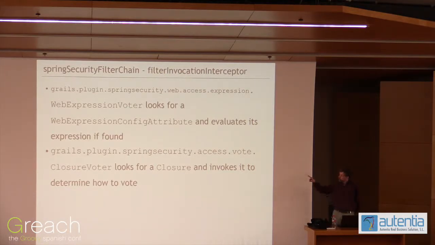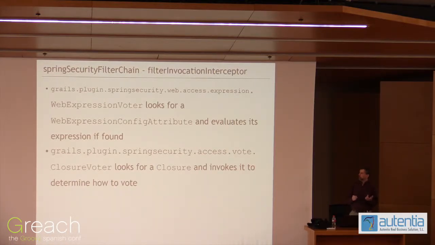And in addition, there's a new closure voter, from a request for a feature where you've got the @Secured, and that's where you put your role admin or whatever. You can put some expressions in there, but you can also now put a closure in there, and that closure will run. And if it returns true, or Groovy true, then it succeeds.